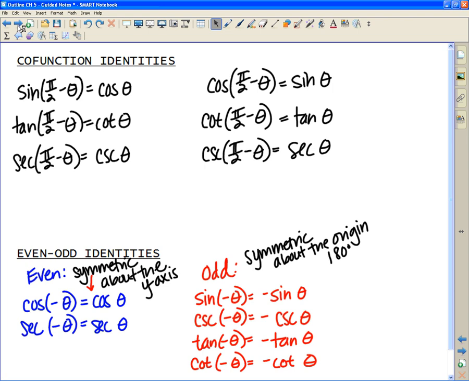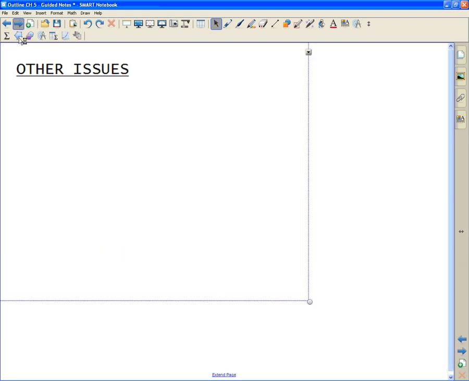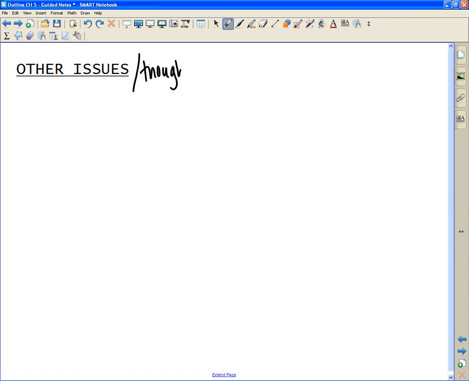We looked at our co-function identities, even, odd, and then there's this last spot for other issues. On this page, we just want to talk about some of the other issues and thoughts that might arise as we are working our way through this chapter. One thing you hopefully recognize that you've seen before: when you have 1 over sine squared theta, that equals cosecant squared theta.